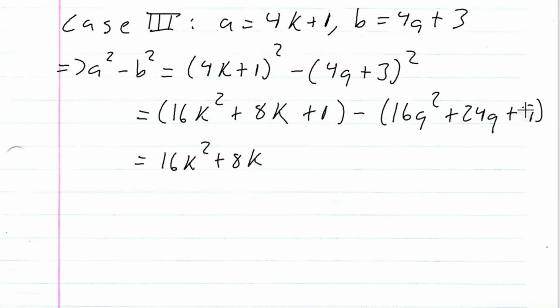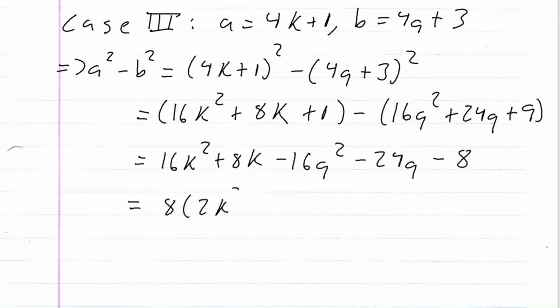So it'll be positive 1 and negative 9, so it'll be negative 8. So I'll just do that at the end. So minus 16q squared minus 24q, and then minus 8, right? And of course, we can take an 8 out of all of these, right? So this is equal to 8 times (2k squared plus k minus 2q squared minus 3q minus 1).